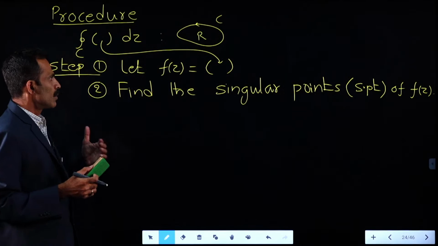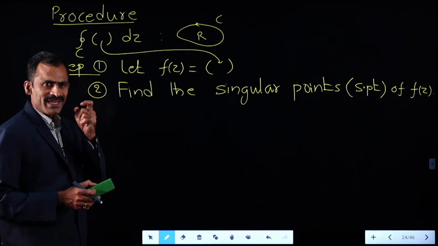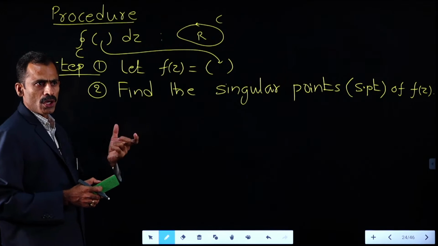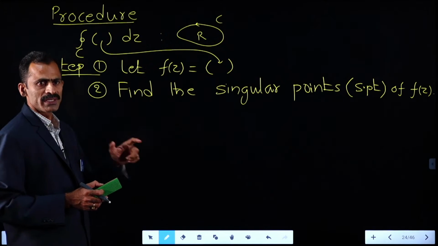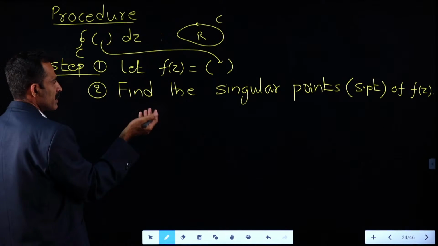Already we have seen how to find the singular points. Singular point means if a function is not defined, not differentiable, or not analytic at any point, then such a point is called a singular point. So finding the singular points is the second step.